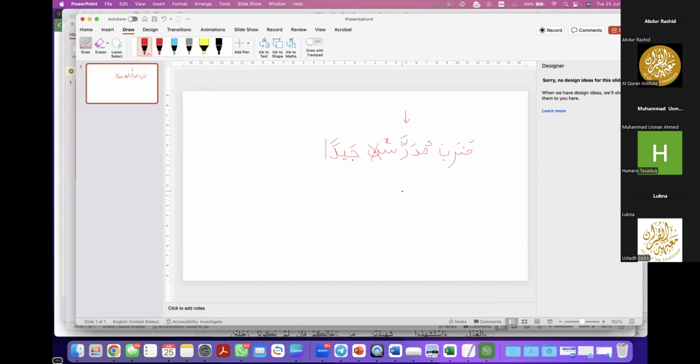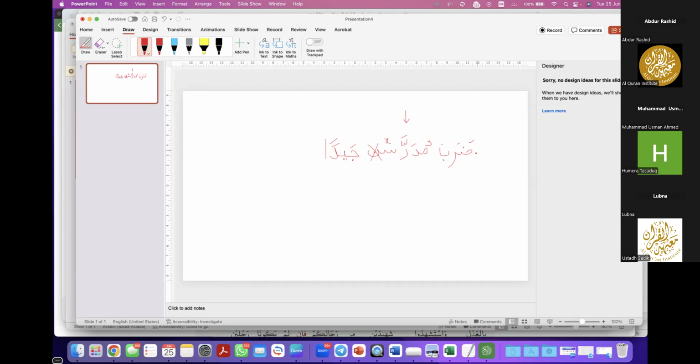There is an issue here. If it is being used as a fa'il, the doer, the ism fa'il of that will be mudarrisun. Yeah, that will be ism fa'il. That'll be teacher. I could use ism fa'il here as well, but I could also use ism maf'ul.